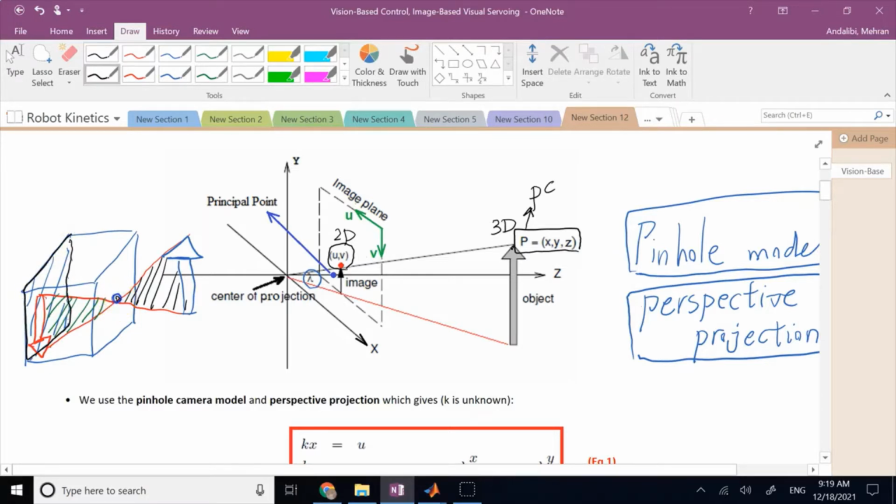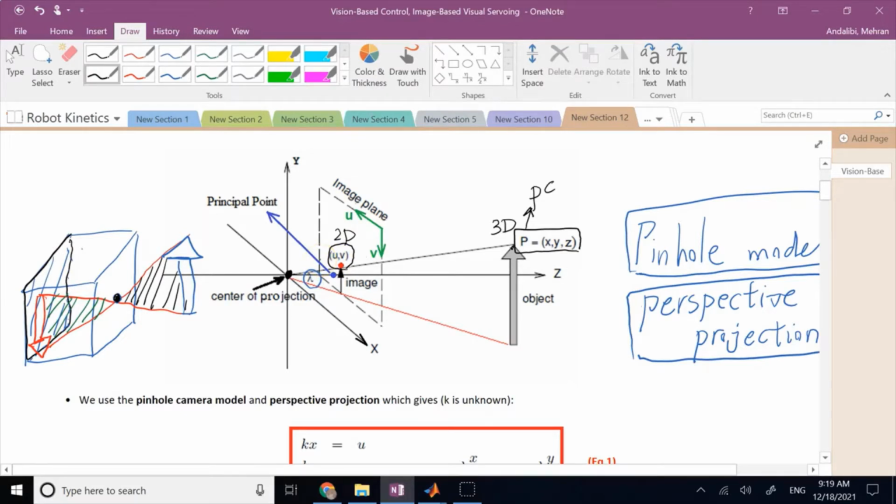It is behind this center of projection, the pinhole location, while here the center of projection is now behind the image plane instead of being in front of it. Look at the relative position of the plane and the point. In here and here, you see they are different.